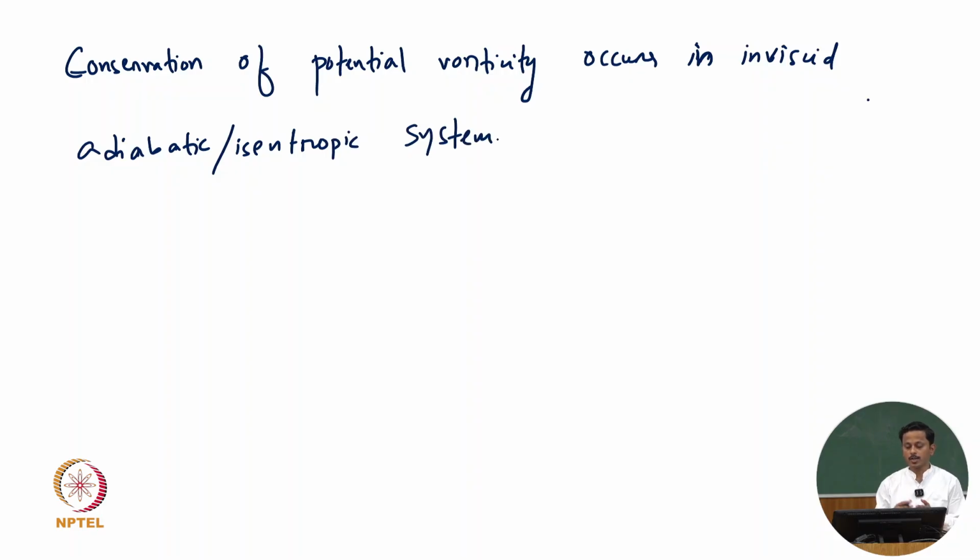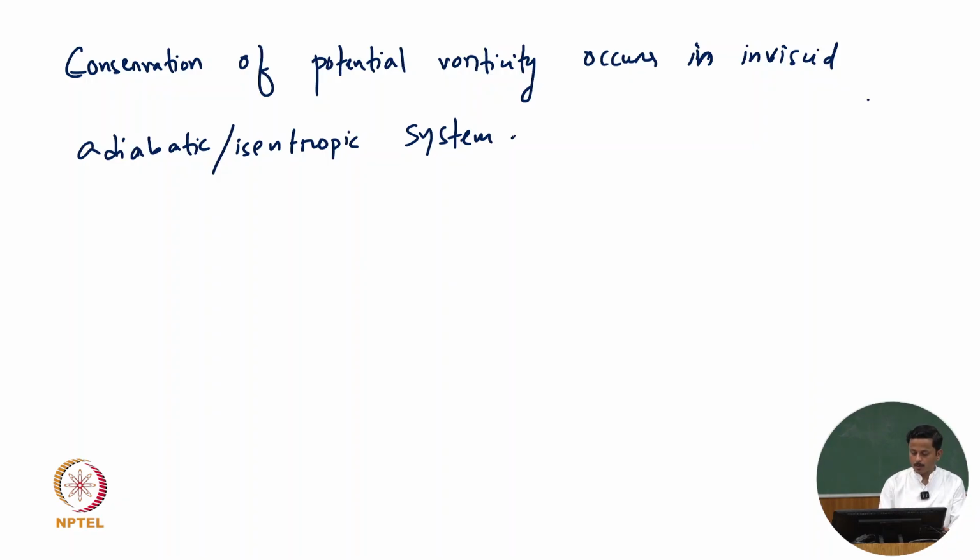That is, the system does not exchange heat with its surroundings, and it's inviscid; that is, we neglect the effect of viscosity. In adiabatic isentropic baroclinic systems, this conservation of PV occurs on isentropic surfaces.